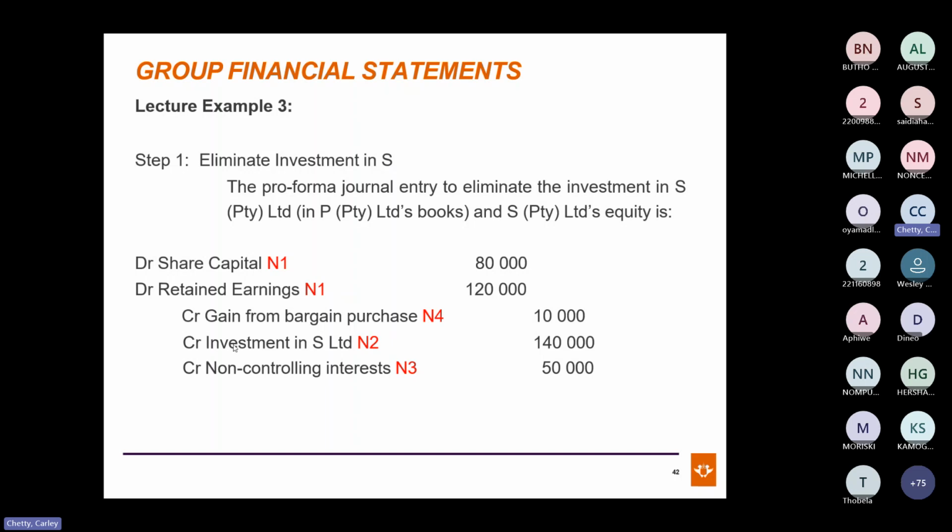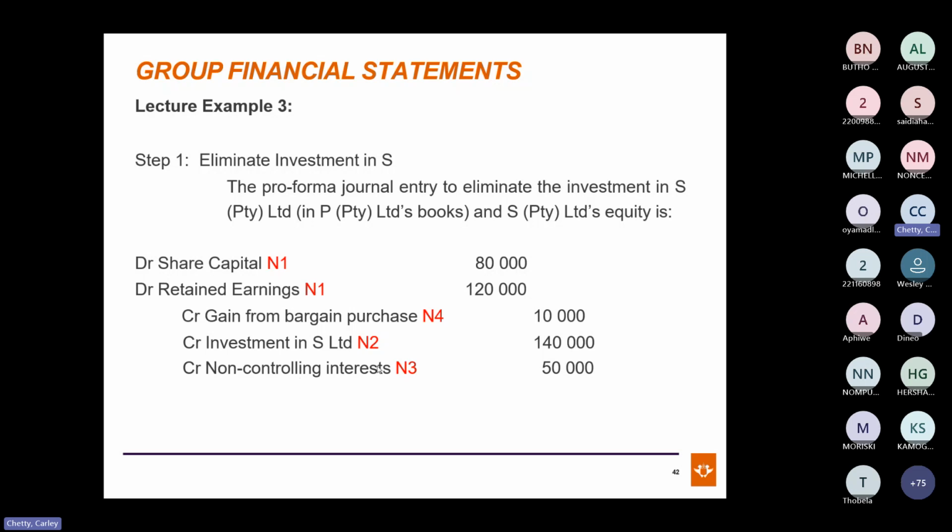So P paid 140,000 Rand to acquire 75% of the equity in S, and that is shown in P's separate financial statements. However, on consolidation, P and S are seen as one company. Therefore, we cannot show this investment. We need to eliminate it. So we are crediting investment in S Limited with 140,000 Rand.